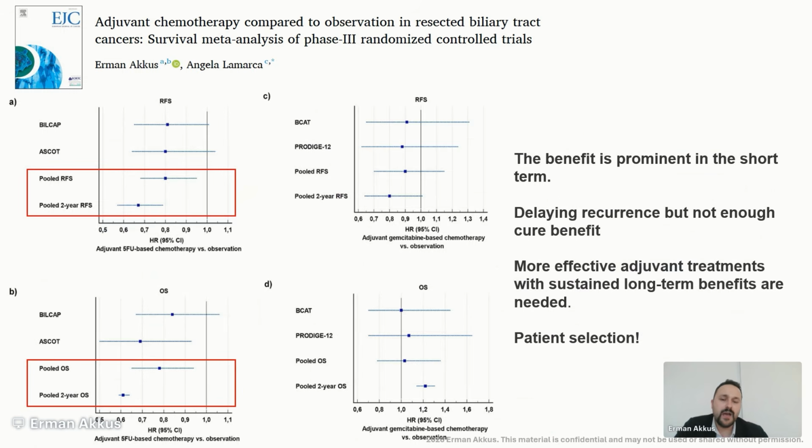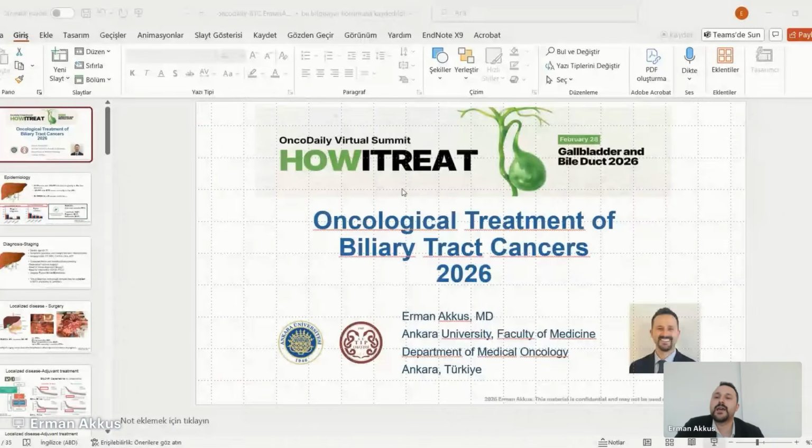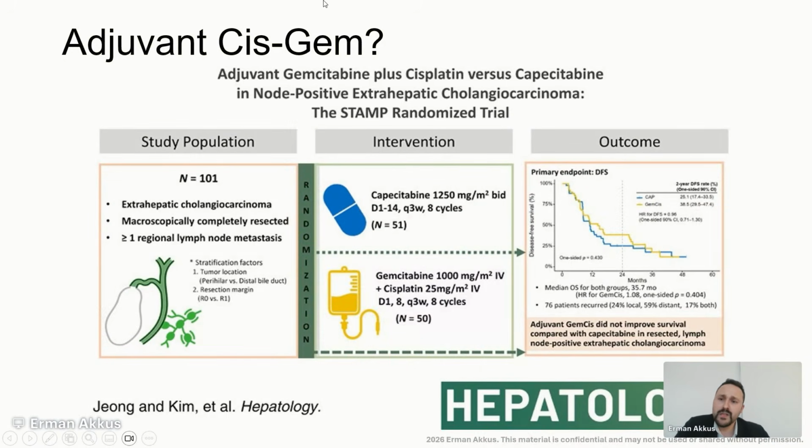So the adjuvant treatment delays recurrence, but not enough cure benefit is derived from it. So we need effective adjuvant treatments with sustained long-term benefits and more cures in patients. Patient selection is key in this. We know that gemcitabine-cisplatin is effective in the metastatic setting. So the question is whether it is effective in the adjuvant setting.